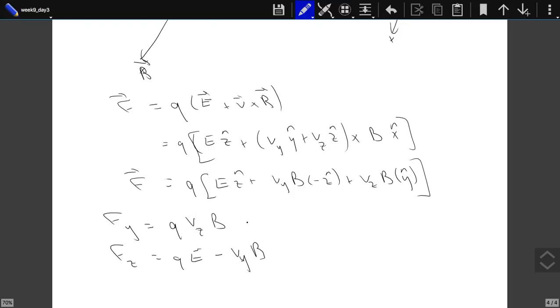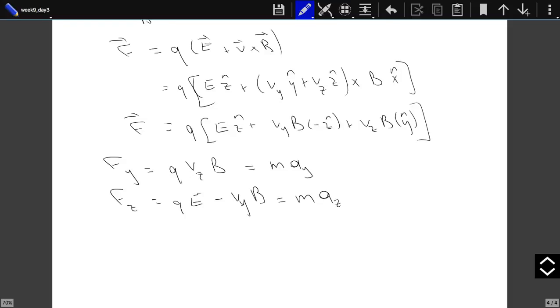And the y component of the force should be equal to m times the acceleration in the y-axis, and the z component of the force should be mass times the acceleration in the z-axis.